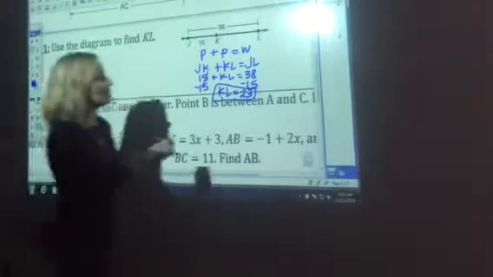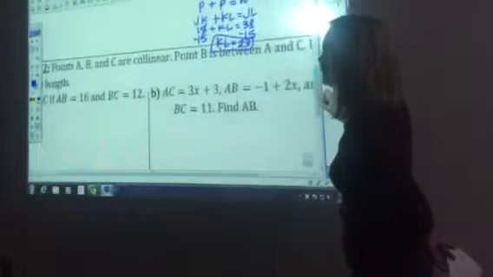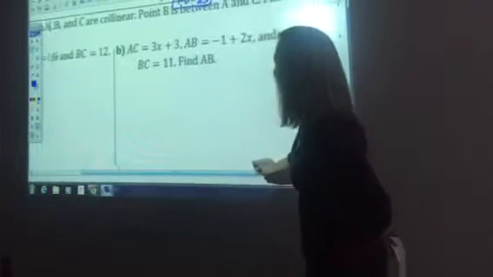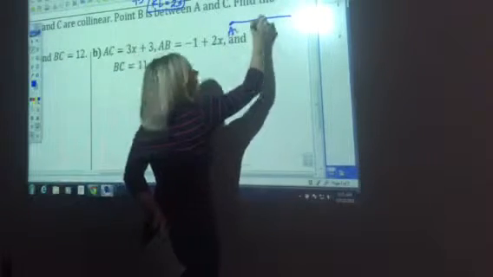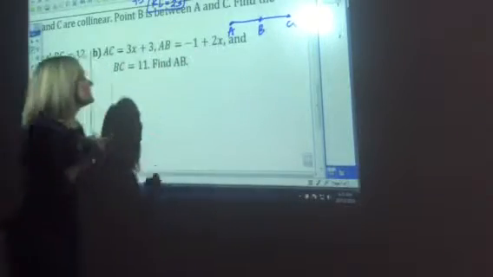If I go ahead and move on to our next one, number 2 says points A, B, and C are collinear, and B is between A and C. So if I go ahead and draw this, B is between A and C. You don't know where it's at, but that's what it looks like, something like that.